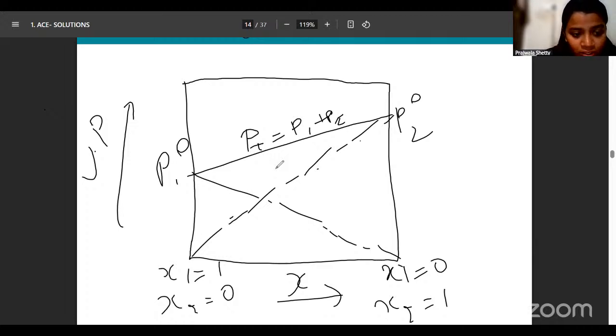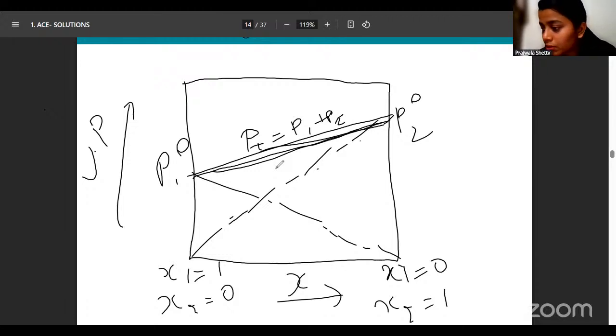What do they show? They both pass through the points where X1 and X2 are equal to unity. And this complete line, as I told you previously, is P total.